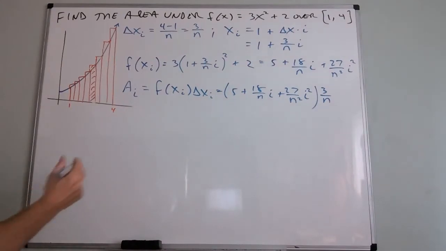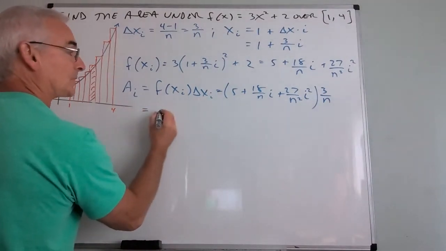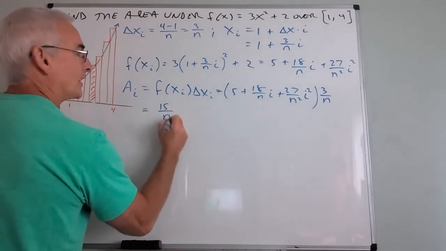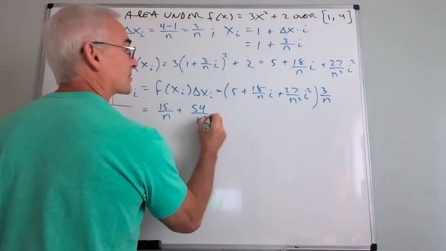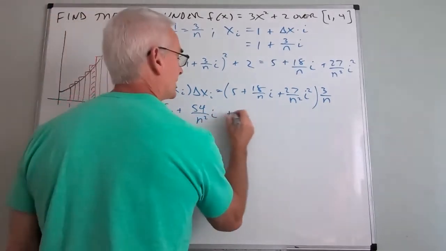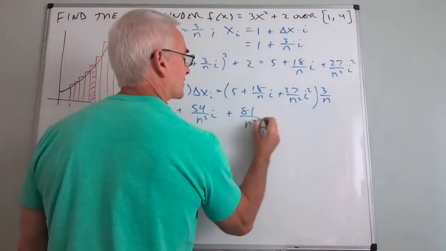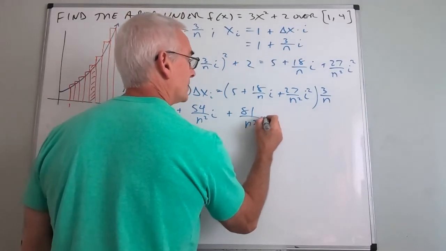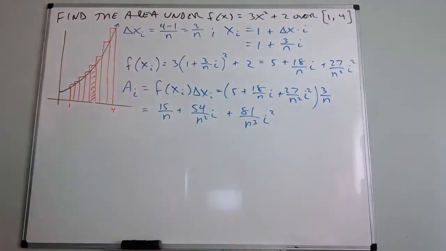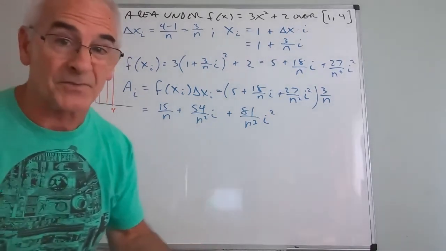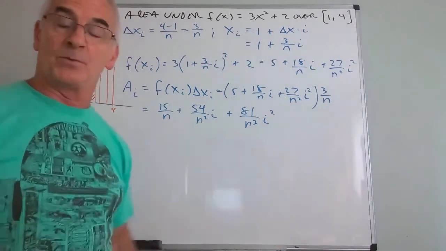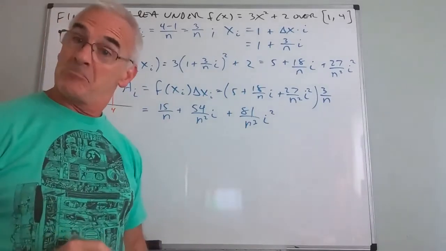Now, when I multiply out that stuff, what does that give me? That will give me 15 over n plus 54 over n squared times i plus 81 over n cubed times i squared. That's the area of this. Oh, and that would be for any n. So if I said 4 rectangles, if I said 4,000 rectangles, that's what n would be. n would be the number of rectangles.